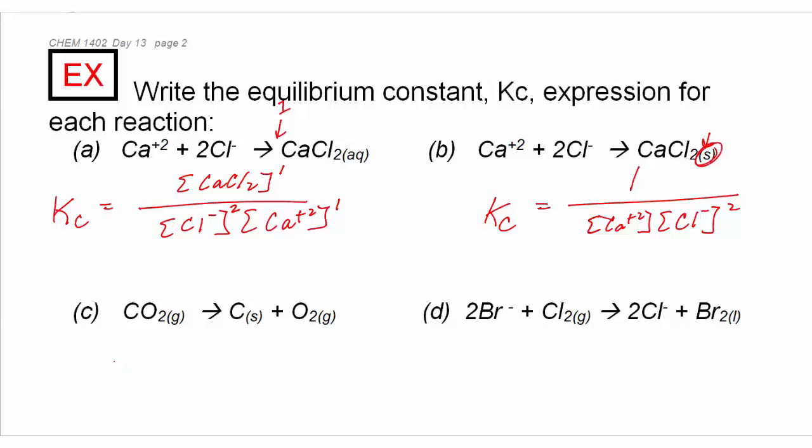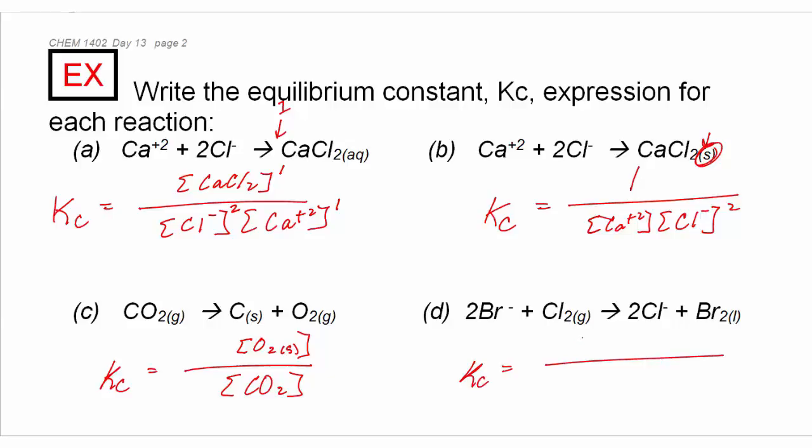How about the bottom one? Kc, products over reactants. All we have for products are oxygen gas and CO2 gas. A lot of times we just leave out the gas symbol. The last one, products over reactants.